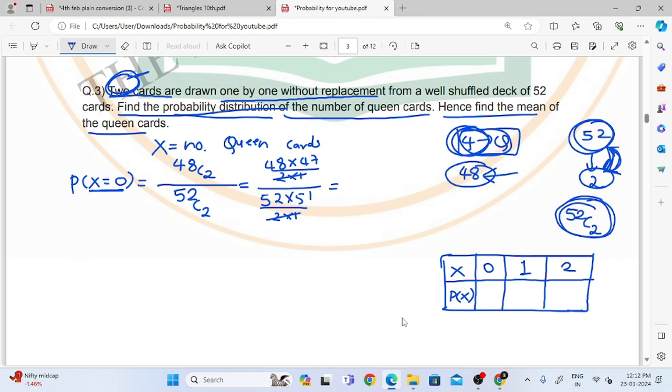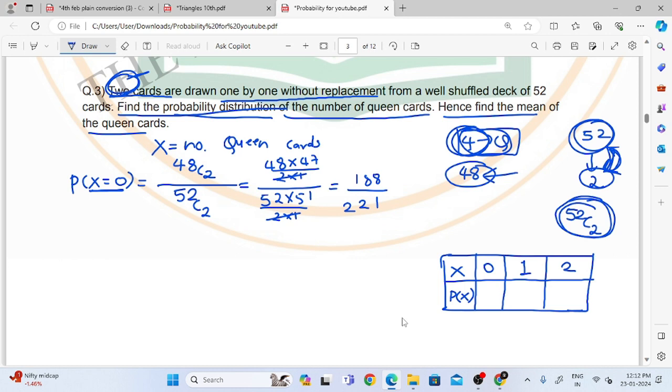And if you solve this, cancelling out the fraction, in the numerator you will get 188, in the denominator you will get 221.